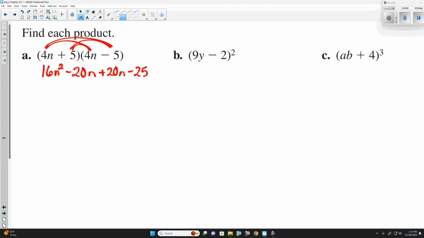At this point here, we can combine like terms. These two will cancel, telling us that we have 16n squared minus 25. Both will get us to the same place. One's just a little bit quicker. Questions on this here?